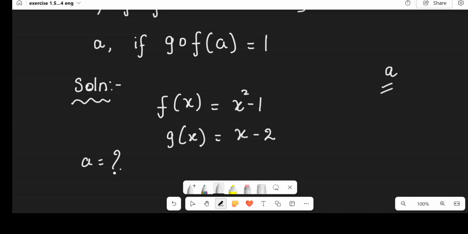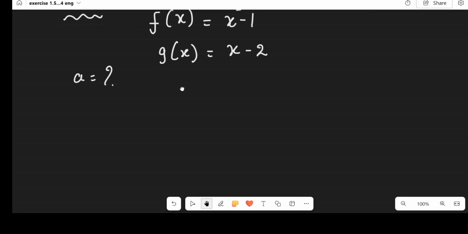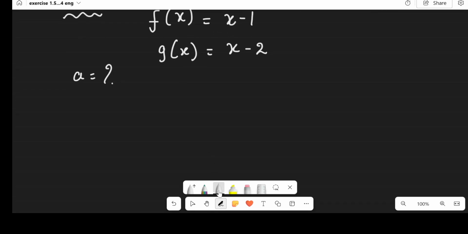Okay, here what has been asked? We need to find the value of a. So we are going to substitute a in place of x. Accordingly, I'm going to write f of x, g of x.